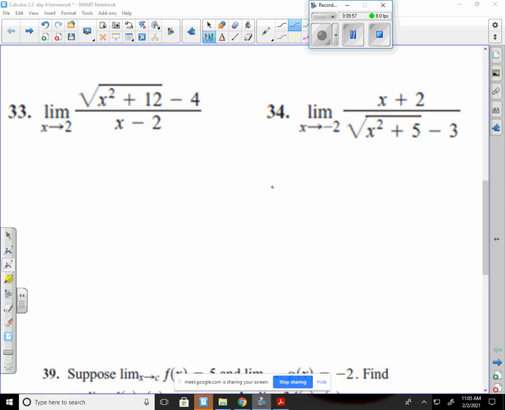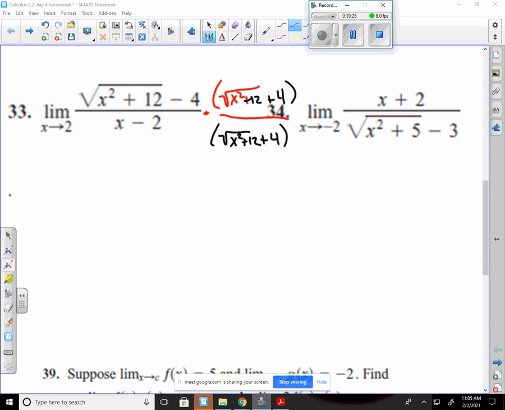Number 33. Plug the 2 in. 2 minus 2 is 0. So no good. I'm going to multiply by the conjugate on the top and bottom, the square root of x squared plus 12 plus 4. Multiply the top out.